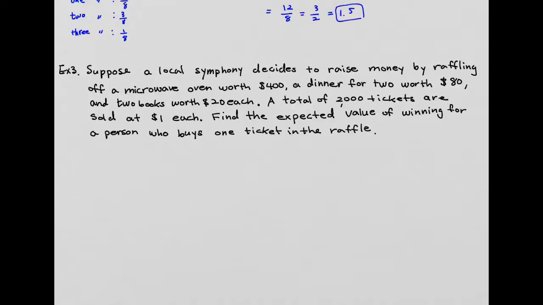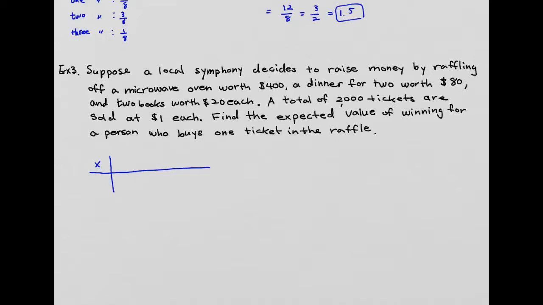Okay, so I want to make the chart first so that I know what I have and what the probability of that will be. Let's say the person wins the microwave oven worth $400.